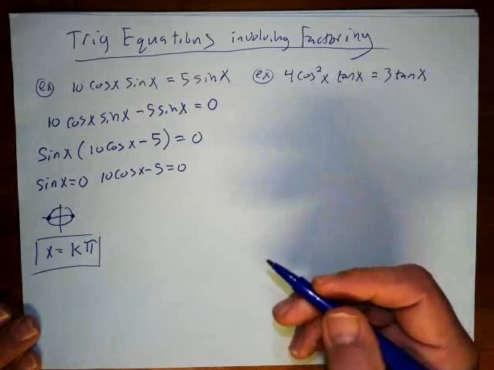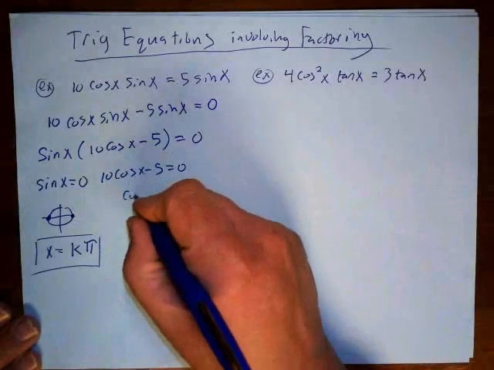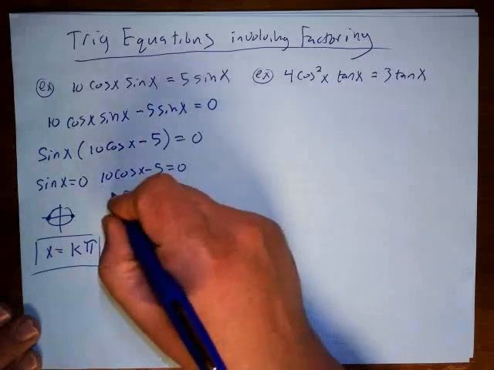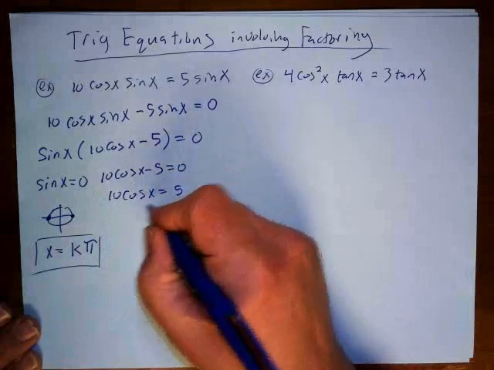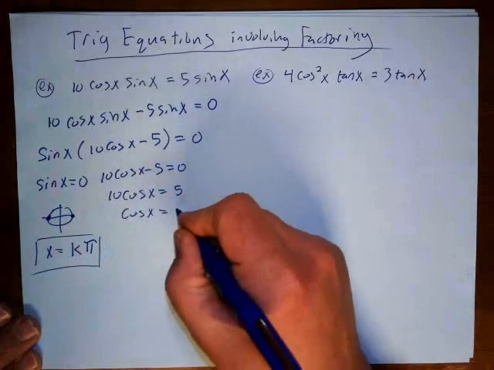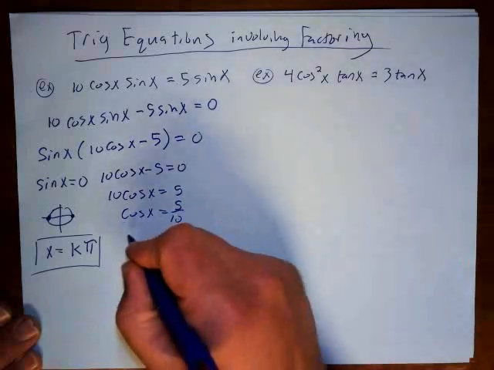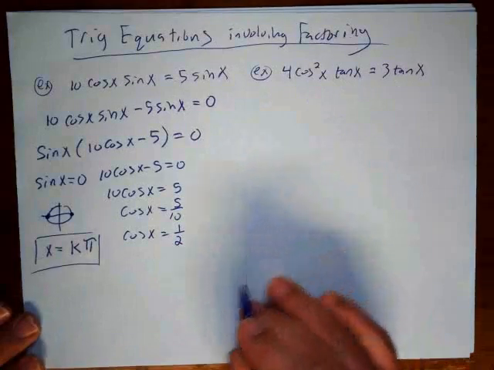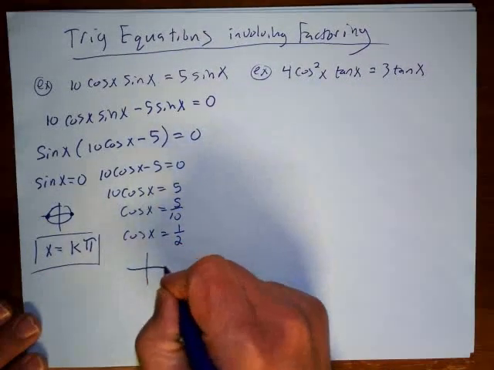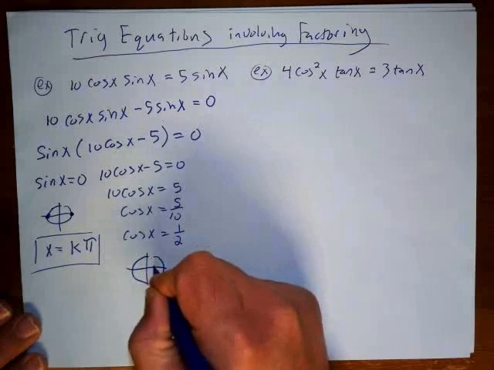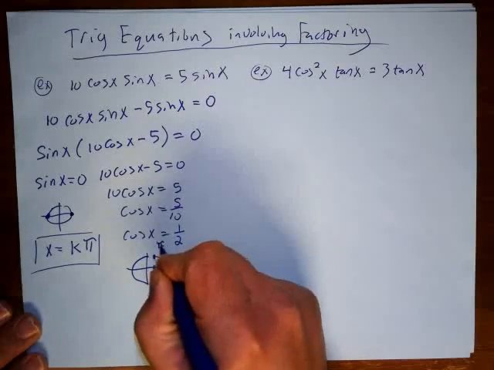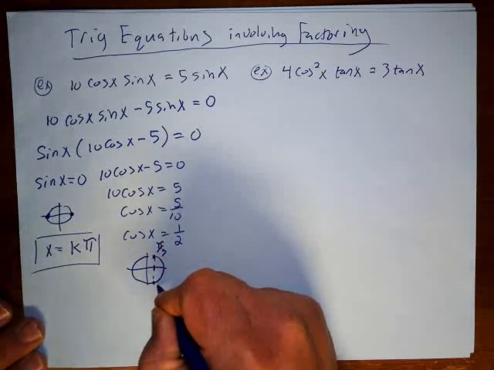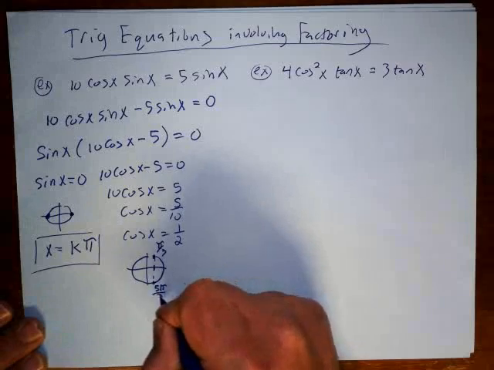Okay. So this one here becomes 10 cosine x equal to 5. Cosine x is equal to 5 over 10, and cosine x would have to equal 1/2. And this one you can solve. So cosine x is equal to 1/2 up here, which is pi over 3, and down here, which would be 5 pi over 3.